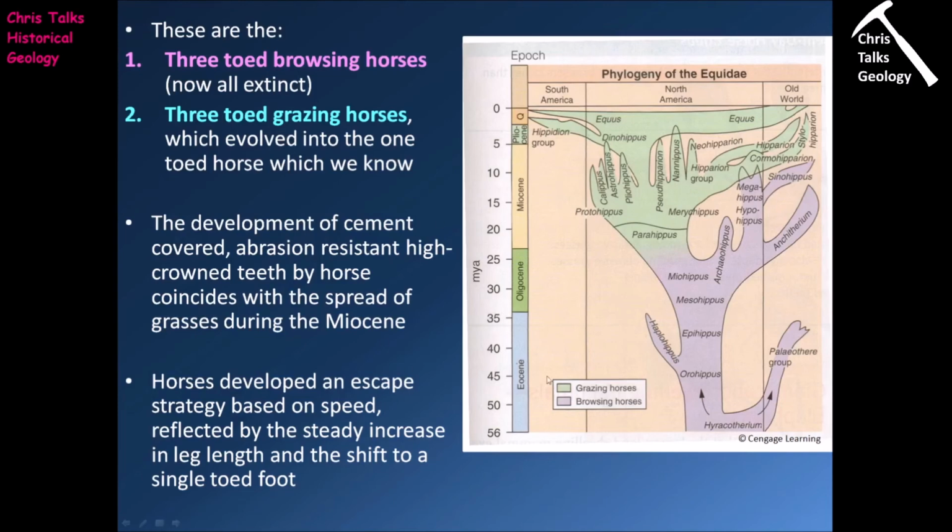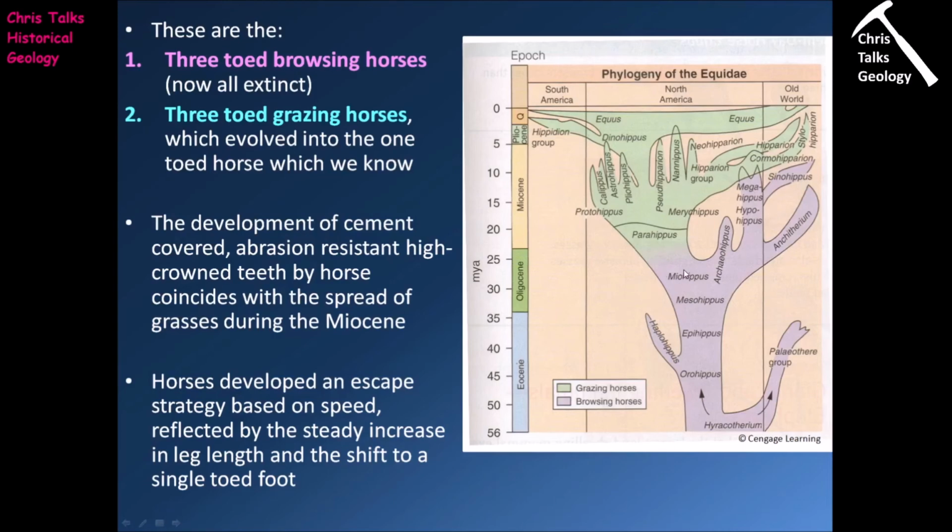Now, as we transition from the Eocene to the Oligocene, we know there is a change in climate, and this leads to the large forests of the Eocene and Oligocene slowly dying back, and they are replaced by grasslands. And so towards the end of the Oligocene and into the early Miocene, we can see a noticeable shift in horse evolution. We can see the rise of the three-toed grazing horses in this green region, and eventually we have the demise of the three-toed browsing horses by the late Miocene.